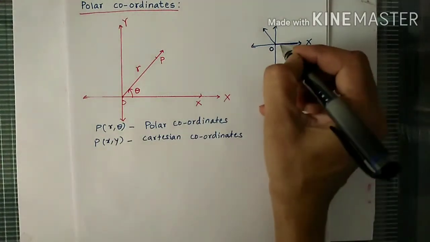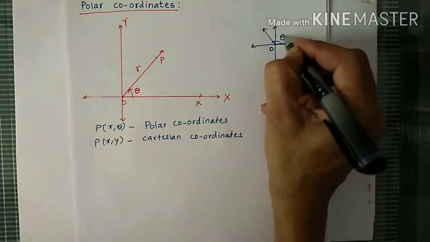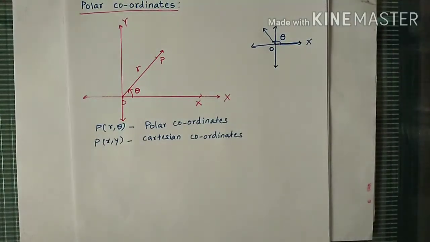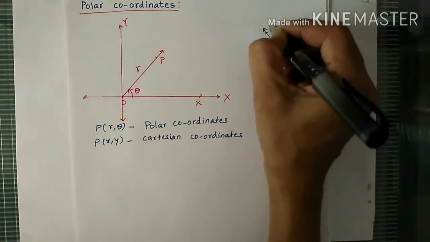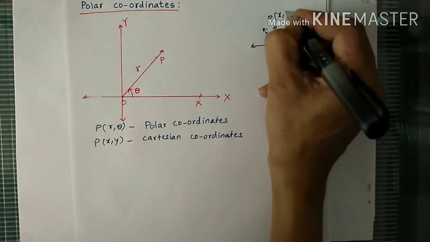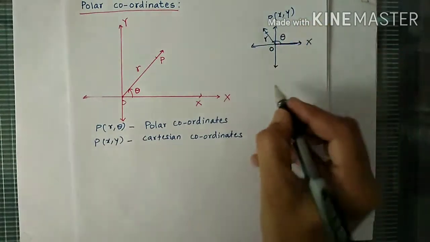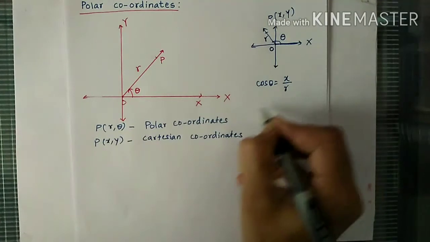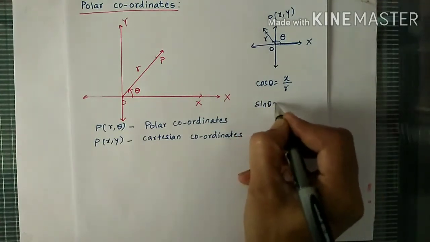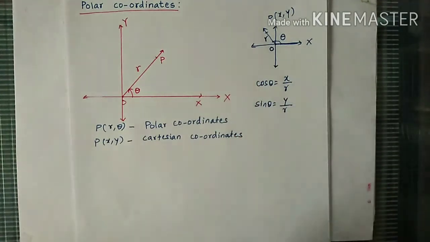So this is an angle in standard position. Then using angle in standard position, we have defined the cosine ratio and sine ratio. So if this point P is (x, y) and length OP is r, then we define cos theta as x by r and sin theta is y by r.